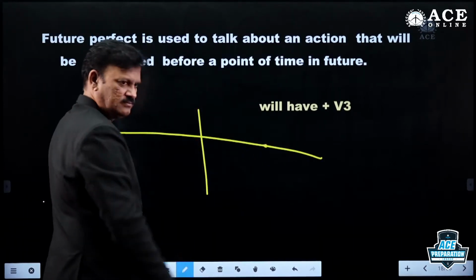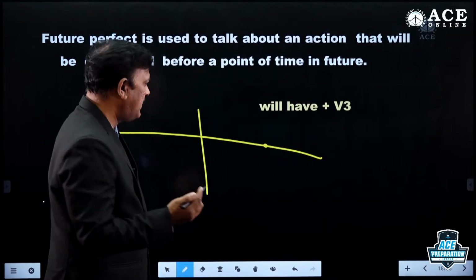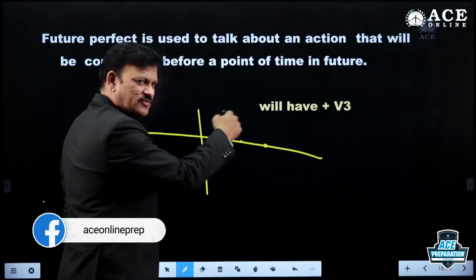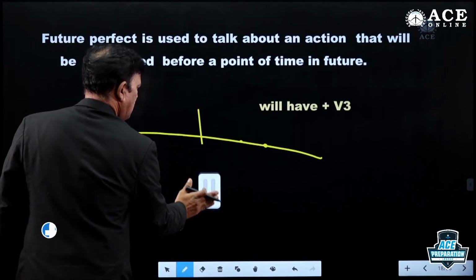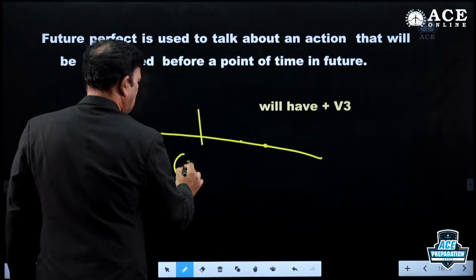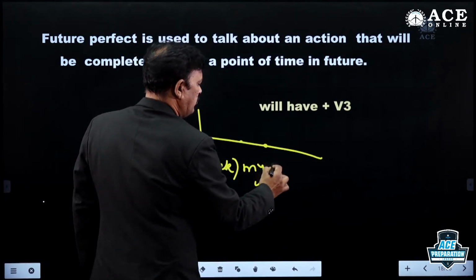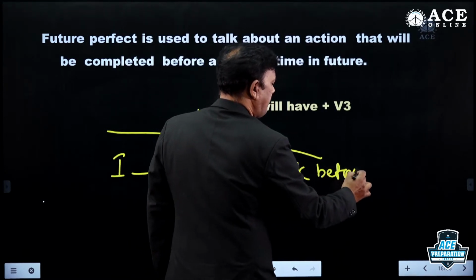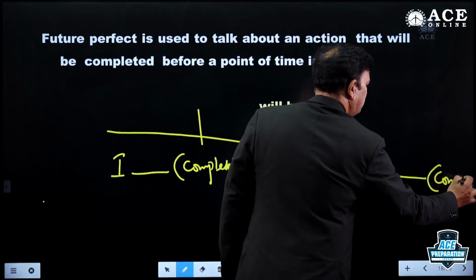The point is here, and just now I said it should be expressed with the present form again. If I am talking about some action that completes before this future point of time, how do I express it? "I complete my work before he come."